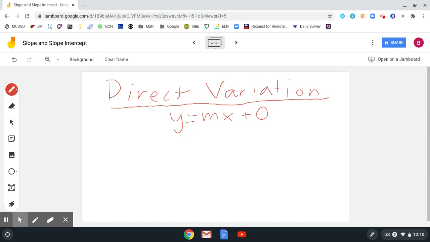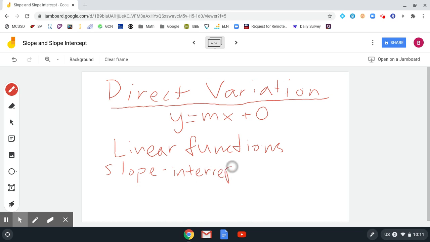When we're looking at stuff that's not direct variation, we're just talking about linear functions in general. Linear functions, oh boy, that looks terrible. Linear functions in general, and we're going to use something that's called slope intercept form, and you'll see why I call it slope intercept form in a second.